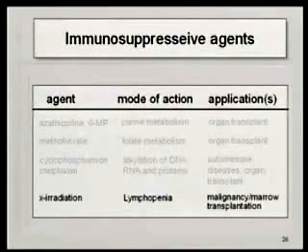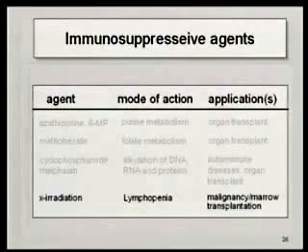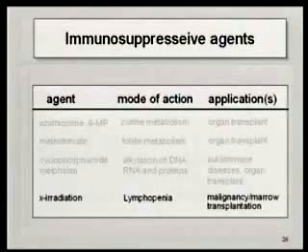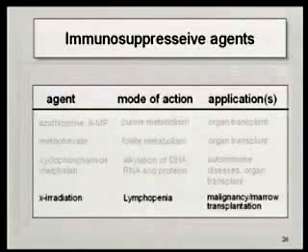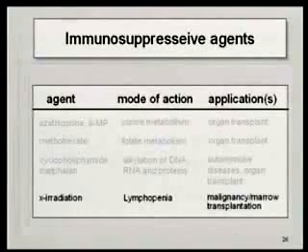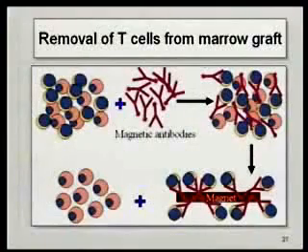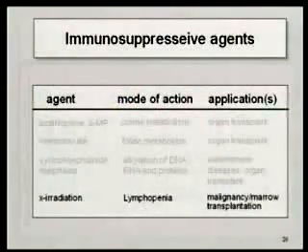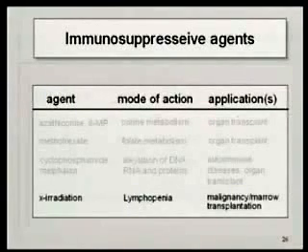And it is used only in the case of bone marrow transplantation, because it is used to reduce the malignant cells, the leukemic cell burden in the host, in the recipient. In addition to that, there are some others listed in your handout.